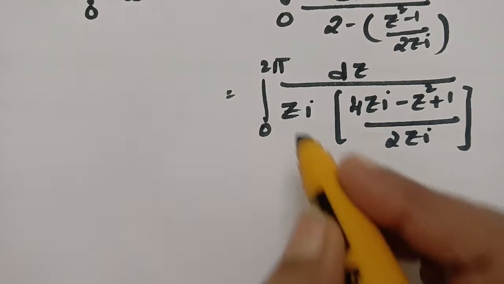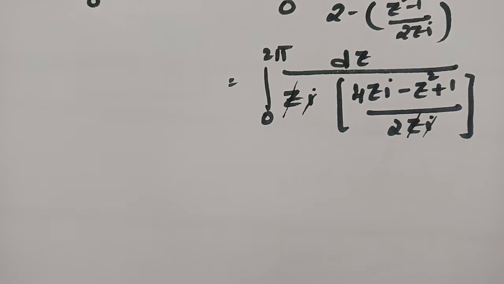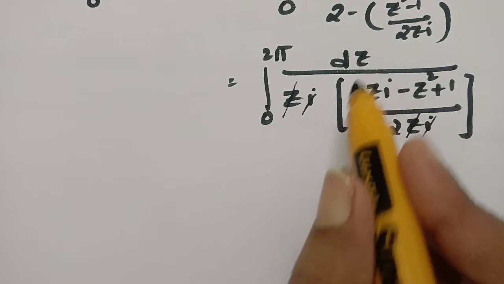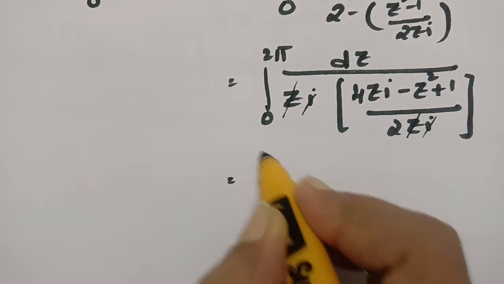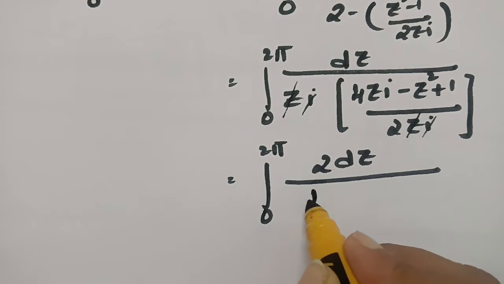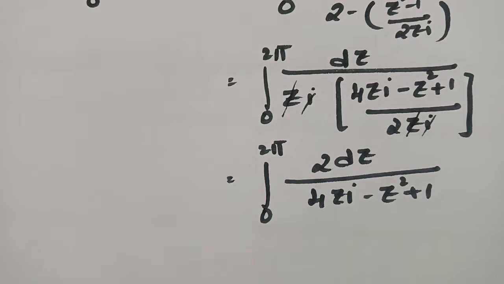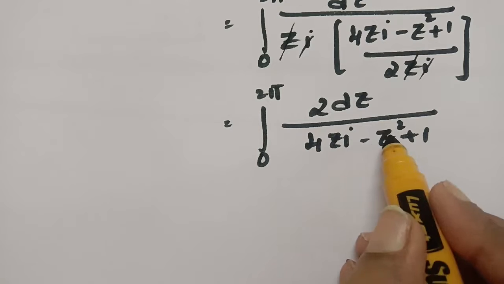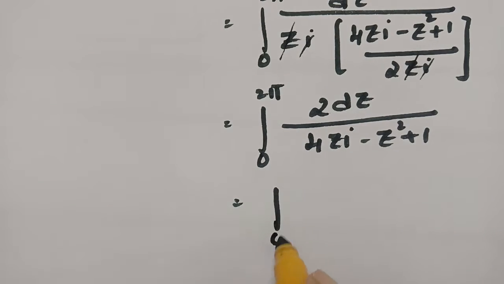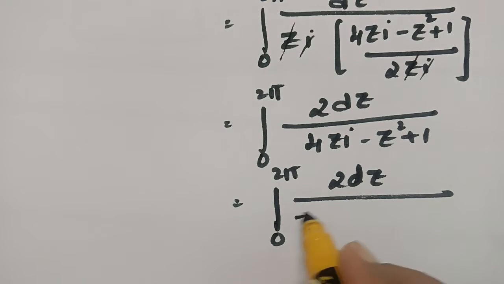So if I cancel this zi and send this 2 to the numerator, then this will be integral of 2 dz by 4zi minus z square plus 1. Clear? I want to make this z square positive, so I am taking minus common.